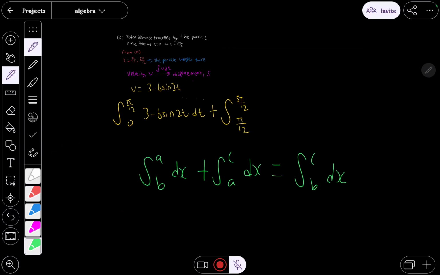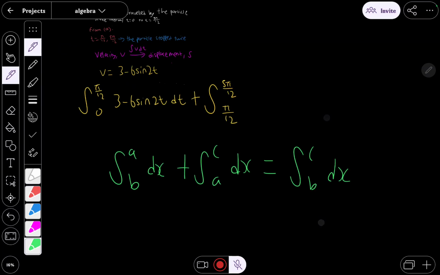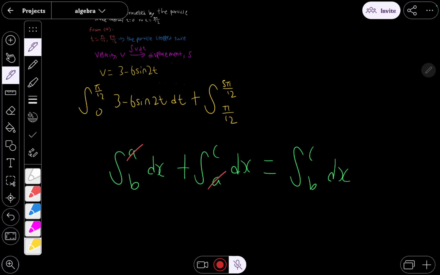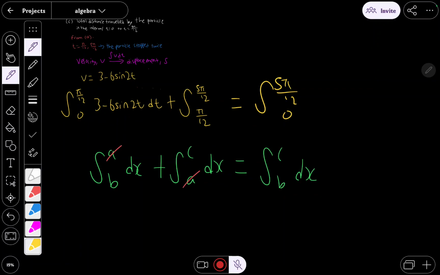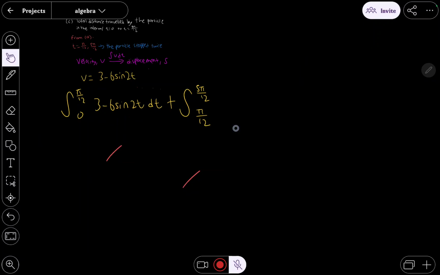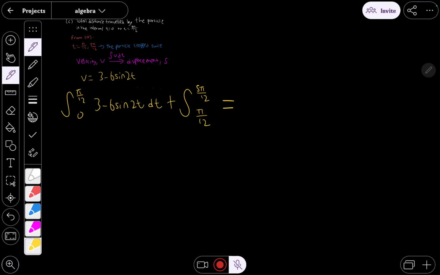If you look at this, the A and the A cancel out, so that's how I get the integration of CB with respect to time. So in this example, this is also equivalent to the integration from 0 to 5 pi over 12, which is the distance from 0 to 5 pi over 12. Understand? Okay, I'll put the equal sign back, and I'm going to write the rule again so that you can copy it.